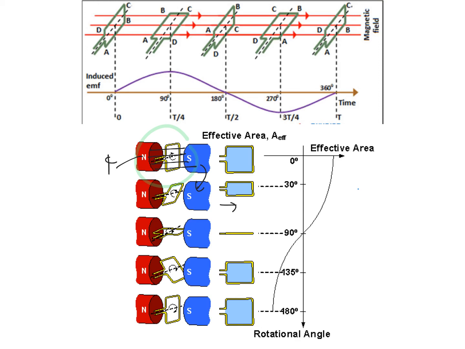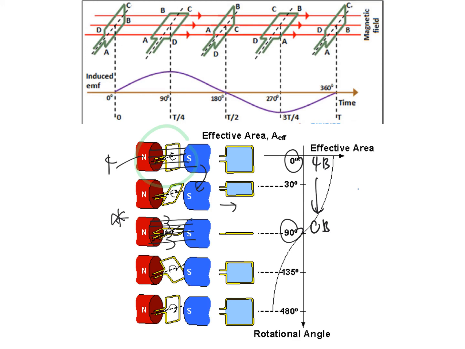And this part becomes maximum because there's no more magnetic field passing through the loop. So from 0 degrees to 90 degrees, going from 4 magnetic field to no magnetic field causes a maximum induced EMF or induced current.